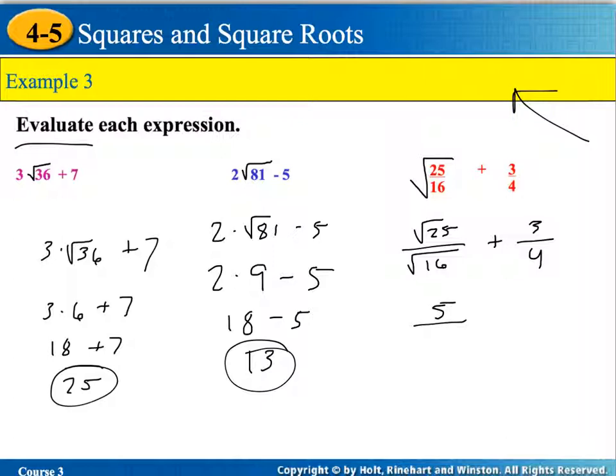Square root of 16 is what? 4. Add them together. Do we have a common denominator? 5 plus 3. Yes, we do have a common denominator. I apologize. I'm going too fast. I get too excited with these squares and square roots. 5 plus 3 is 8. Keep our denominator. Simplify as much as possible, which is 2.